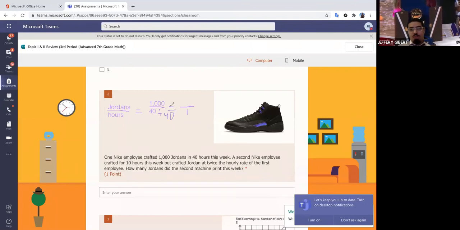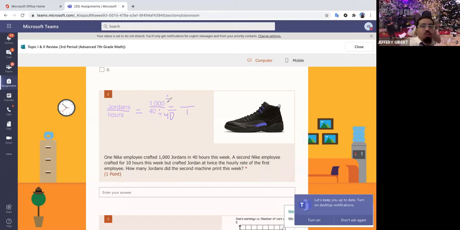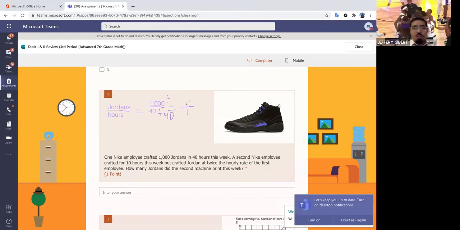So if you divide by 40 on the bottom, you gotta divide by 40 on the top. When you do 1,000 divided by 40, you get 25. That means employee 1 crafted 25 Jordans in 1 hour.